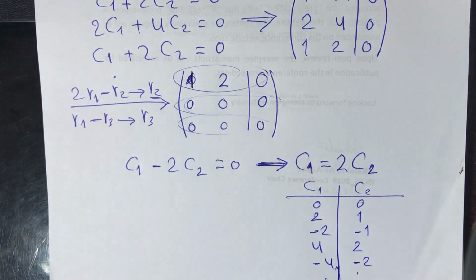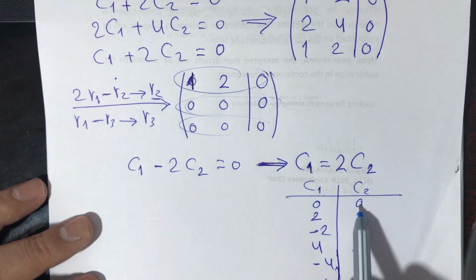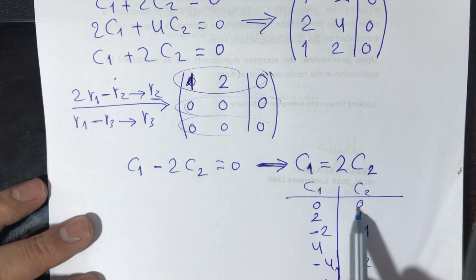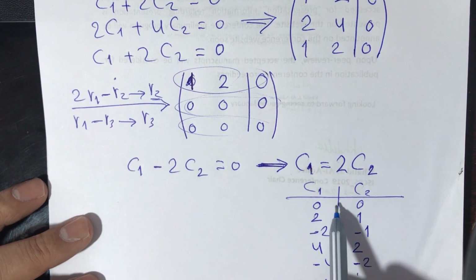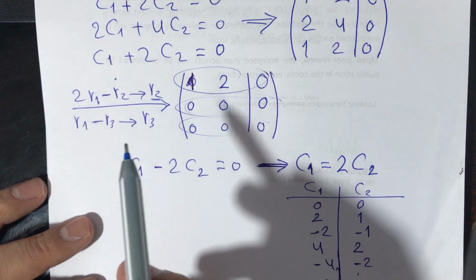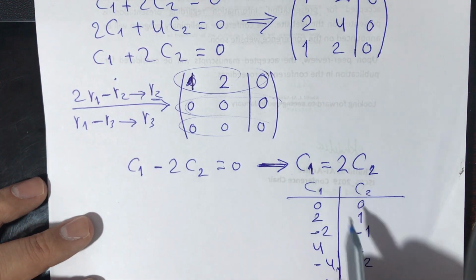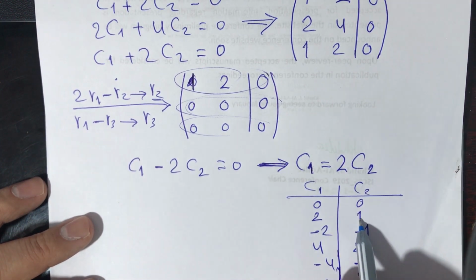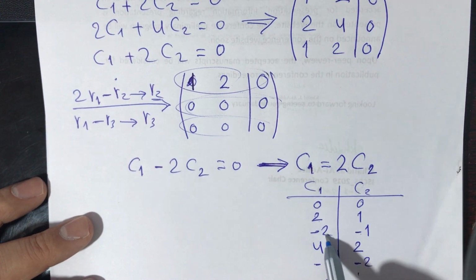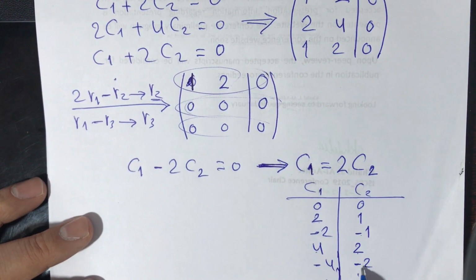So that means C1 and C2 are not just 0, 0, which would say that V1, V2 are linearly independent, but C1, C2 can be maybe 1, 2, maybe minus 1, minus 2, maybe 2, 4, maybe minus 2, minus 4, and so on.